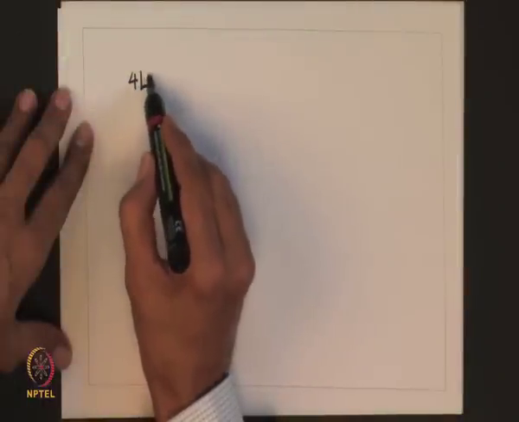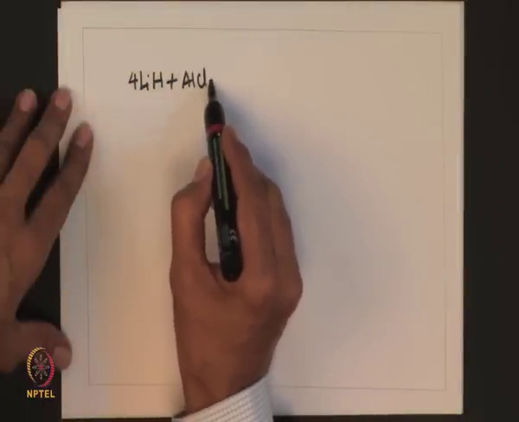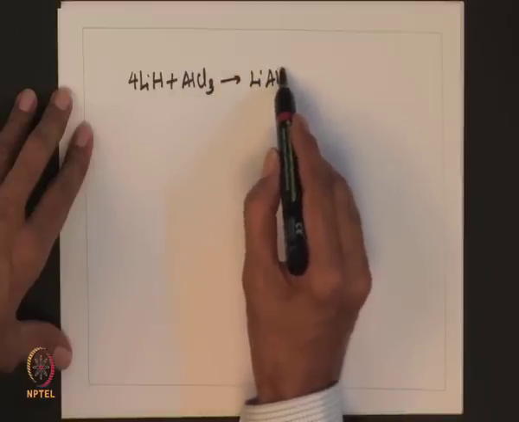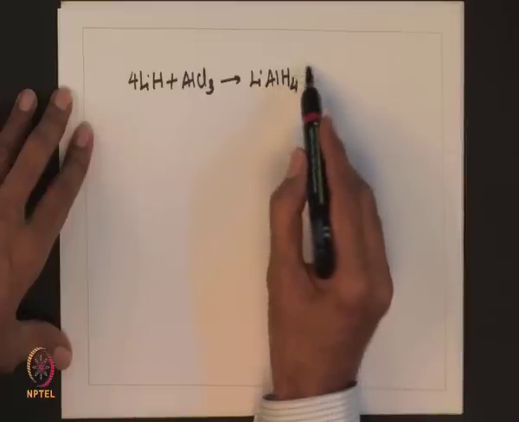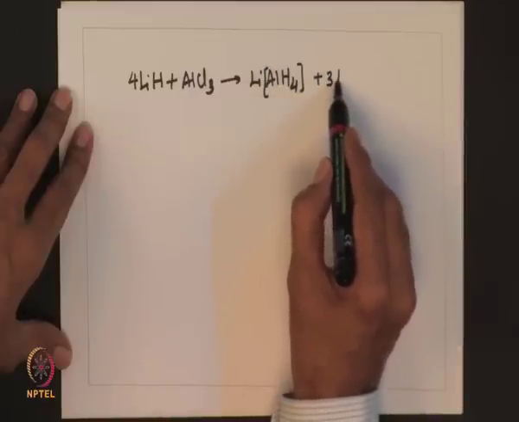One such method involves the treatment of lithium hydride with aluminum trichloride that results in the formation of lithium aluminum hydride plus 3 lithium chloride.